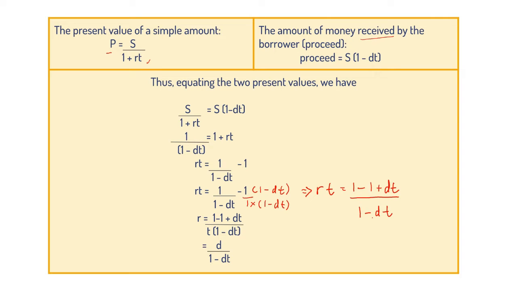Simplifying further, we get RT equals dt over 1 minus dt. Then we bring t to the other side, therefore we have r equals d over 1 minus dt. This is how we get the formula.